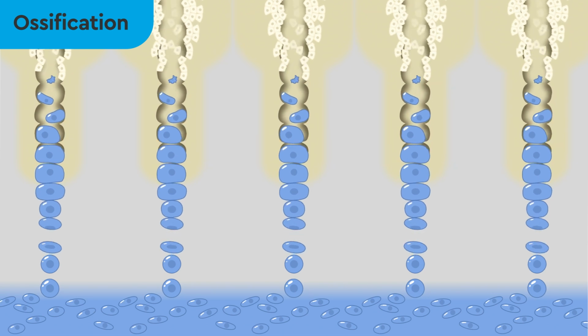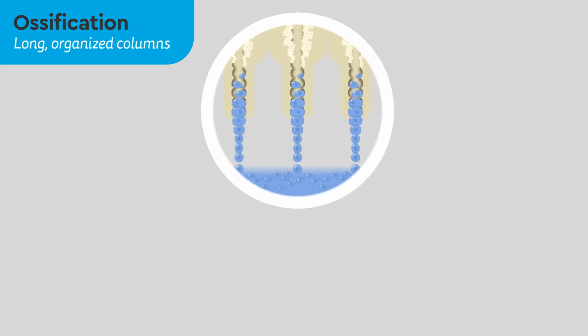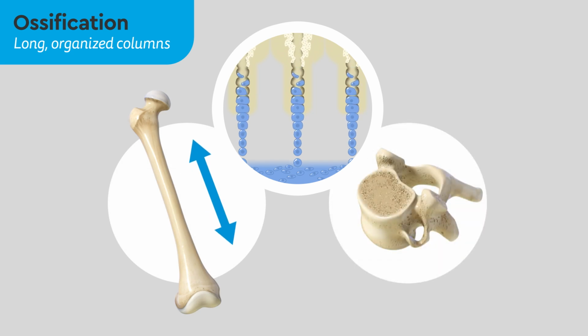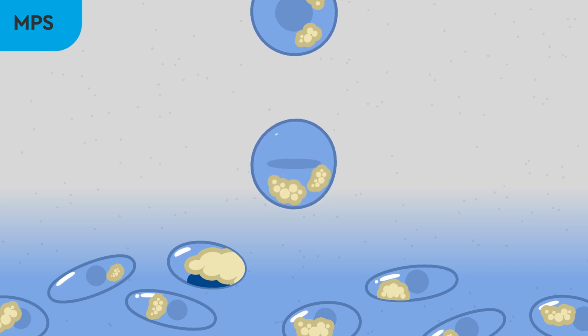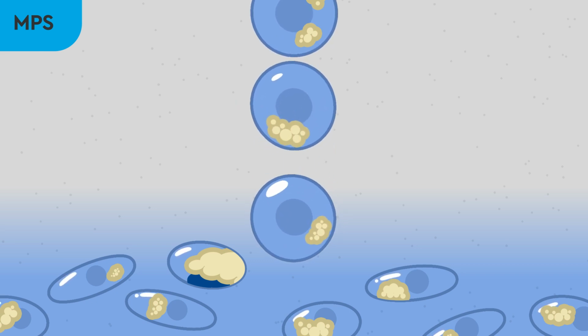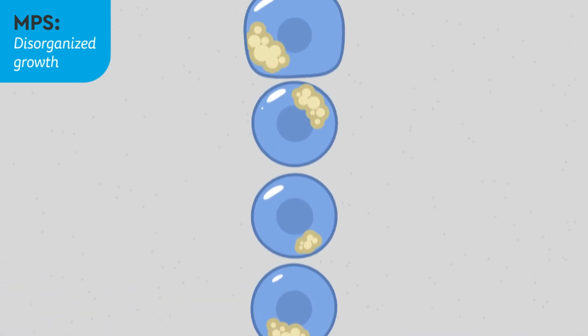In this way, the bone cells grow in long, organized columns, which make our bones grow in length and their various shapes. But in MPS, the cartilage cells are so packed with GAGs that the growth becomes disorganized.